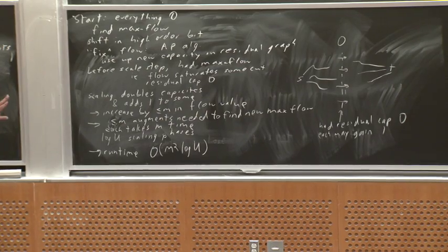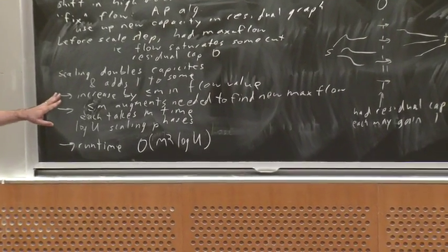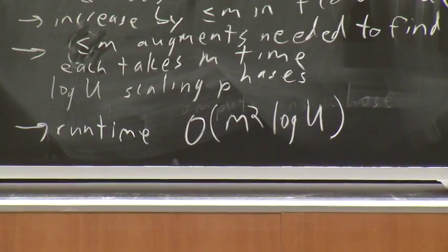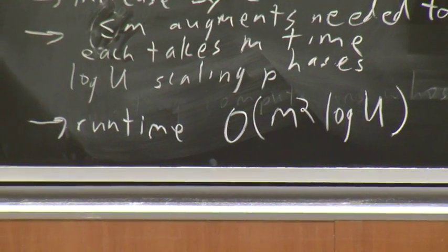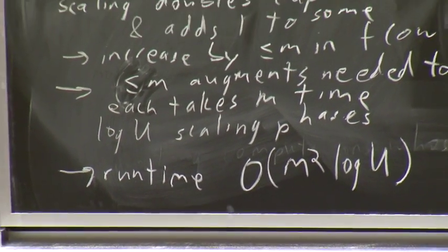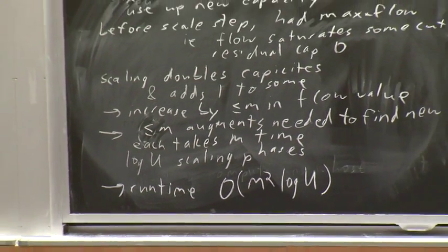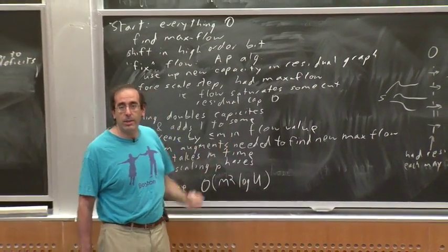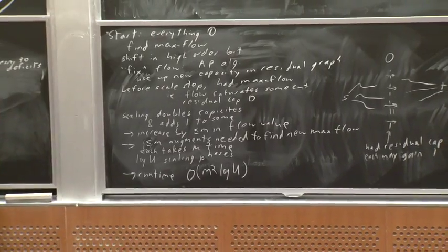Okay, which is quite similar to the running time for max augmenting path. But once you get your head around this idea of scaling, this is a much simpler algorithm, right? You're not using any data structures beyond the graph itself and doing a reachability calculation. It's also log u instead of log of m times u, so arguably it's a little bit better, but it's the same sort of algorithm.